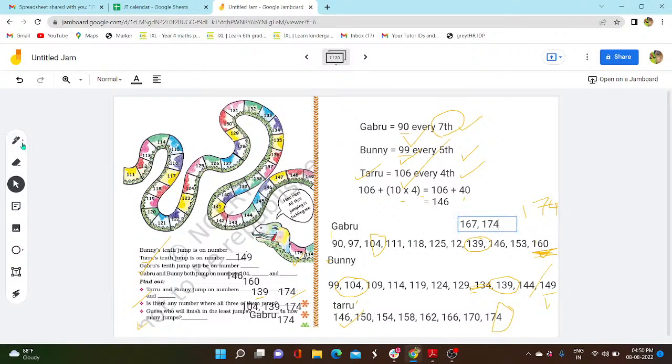Now can you see Gabru has taken just 2 more jumps and he has reached 174, which is almost the destination. So Gabru will have to take 12 jumps in order to reach 174. Till 10 jumps he was at 160, on the 11th jump he was at 167, and on his 12th jump he was at 174. So he would take 12 jumps to reach 174, and this is how we will solve such questions.